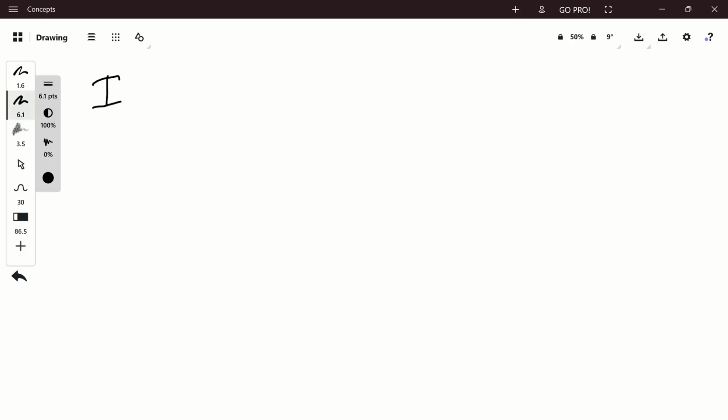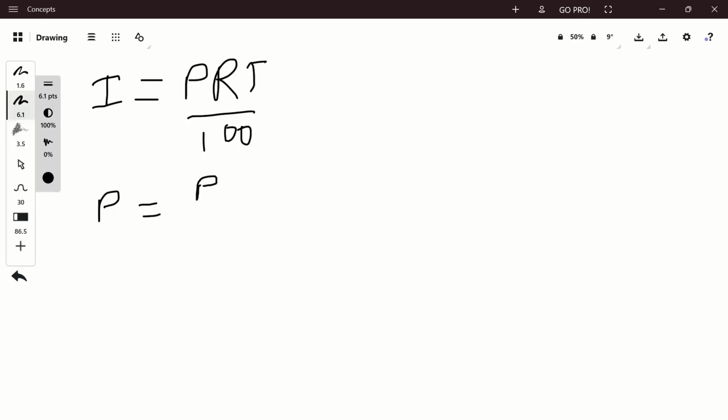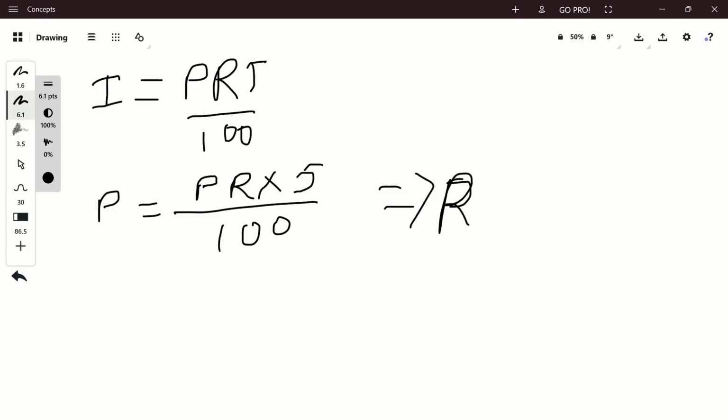So, interest is equal to PRT upon 100, where P is equal to PR into 5 upon 100, where R is equal to 100 upon 5, which is equal to 20%.